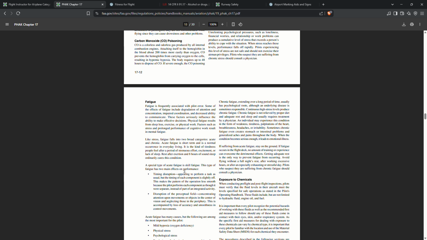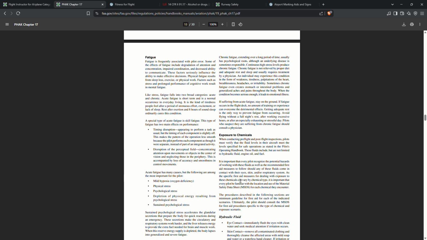Acute stress: I have a test tomorrow, I'm a little bit nervous. Chronic stress is something like my grades have been dropping constantly and I'm worried about bills, my family has certain issues, anything like that. That all affects us during flight because it's all things worth thinking about that could be distracting us from flying the aircraft, which is the first thing we need to do in the airplane.